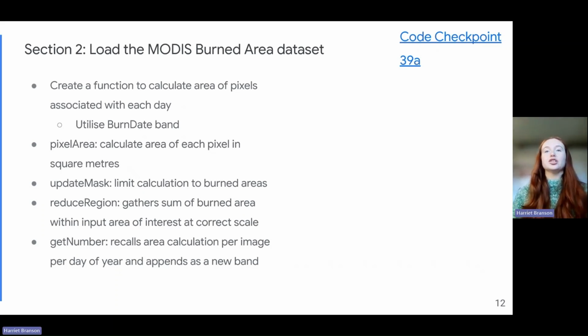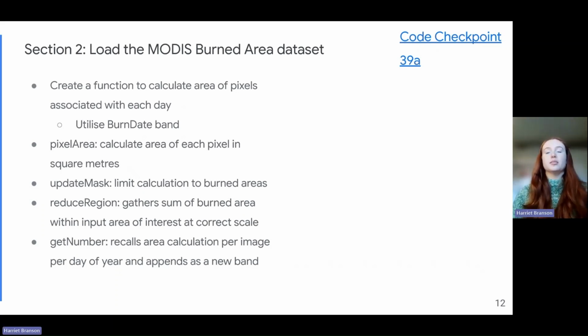To limit the calculation to specifically burned areas, which is what we need, we have to use the update mask tool with our input image as the variable. This is because we want our final area calculation to be relevant to the burned areas only. We then need our final area value to be in square kilometers instead of square meters, so it's a bit more understandable. To do that, we divide by 1 million.